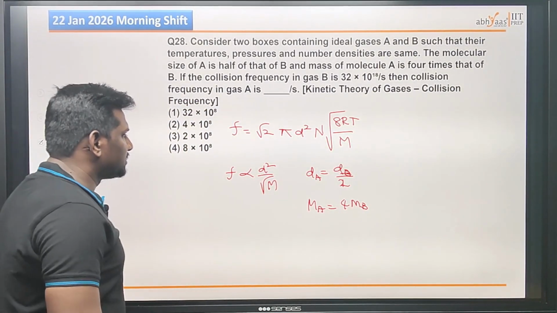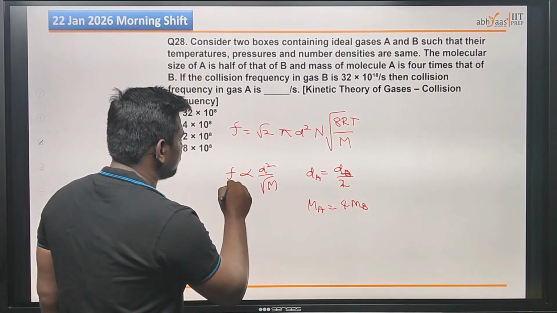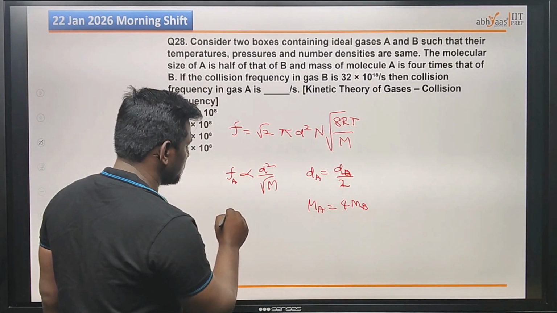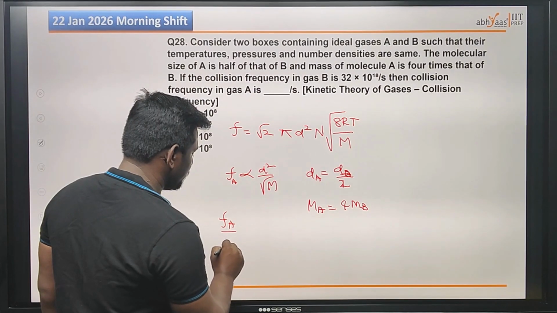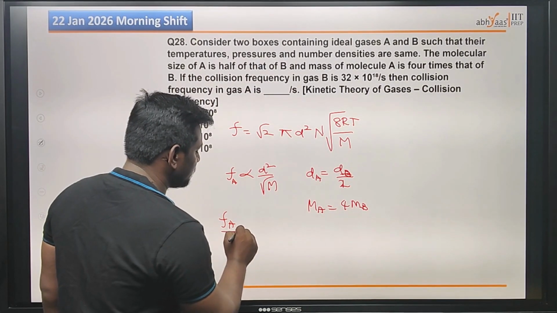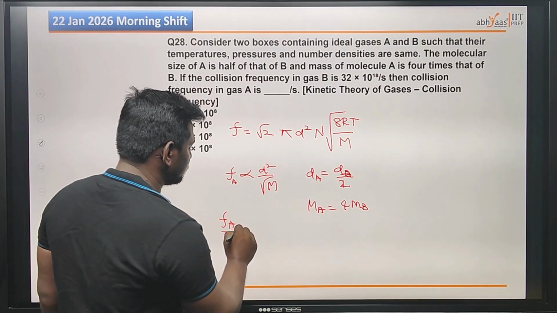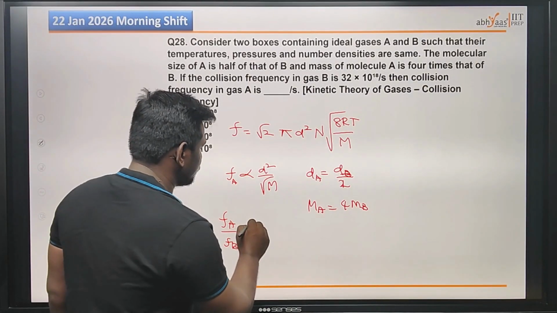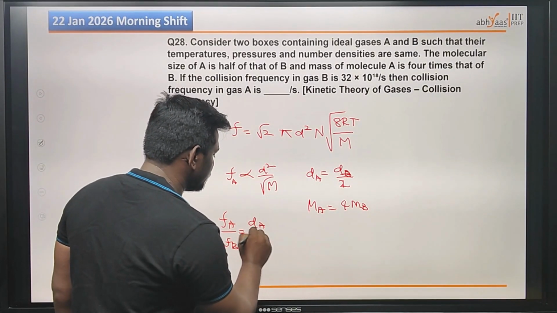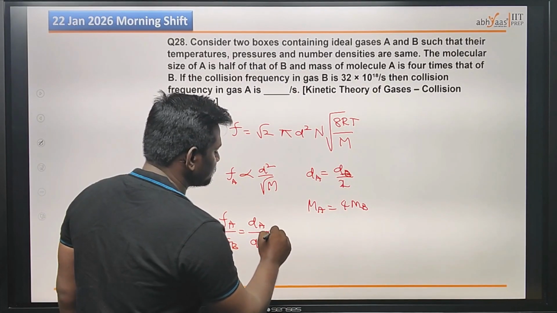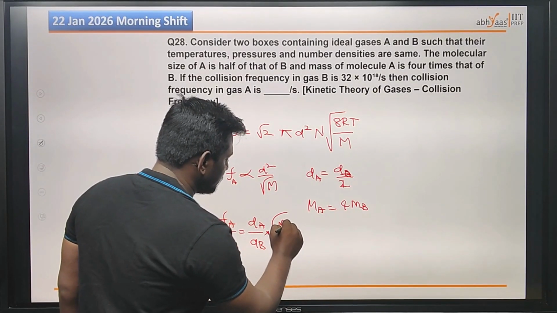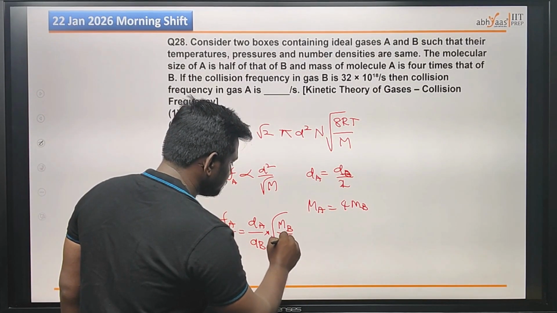So substitute in this equation for A and for B. So fA by fB is dA by dB into under root mB by mA.